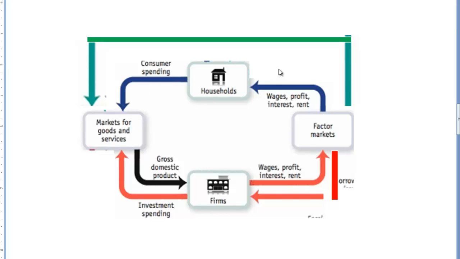And if you imagine all the water flowing through the economy as gross domestic product, it can be added up from households and from firms.